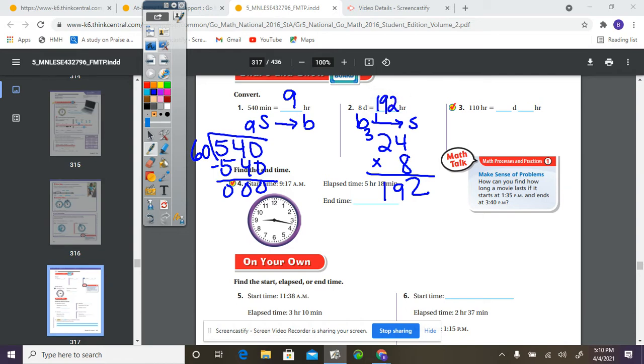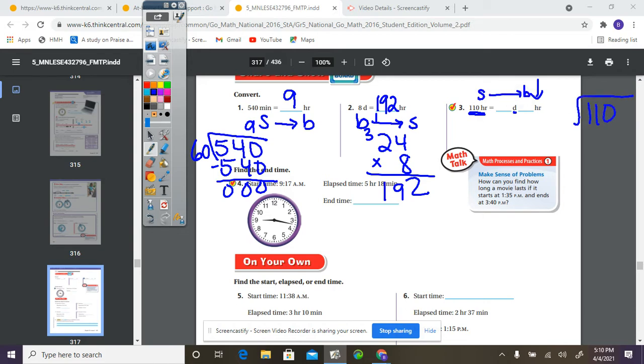On number 3, do not let the setup complicate things for you. They're converting hours to days, and you're going to have some leftover hours here. So how many hours are in a day? 24. We're going from small to big. That means long division.